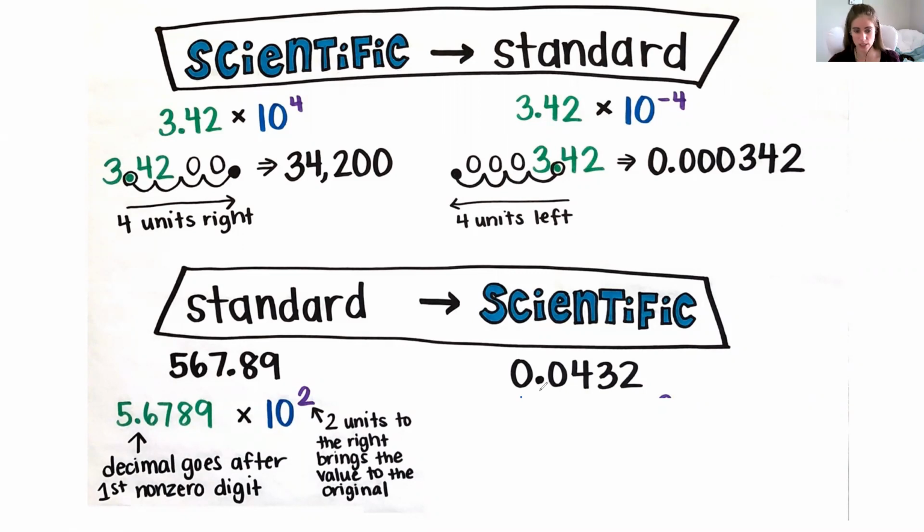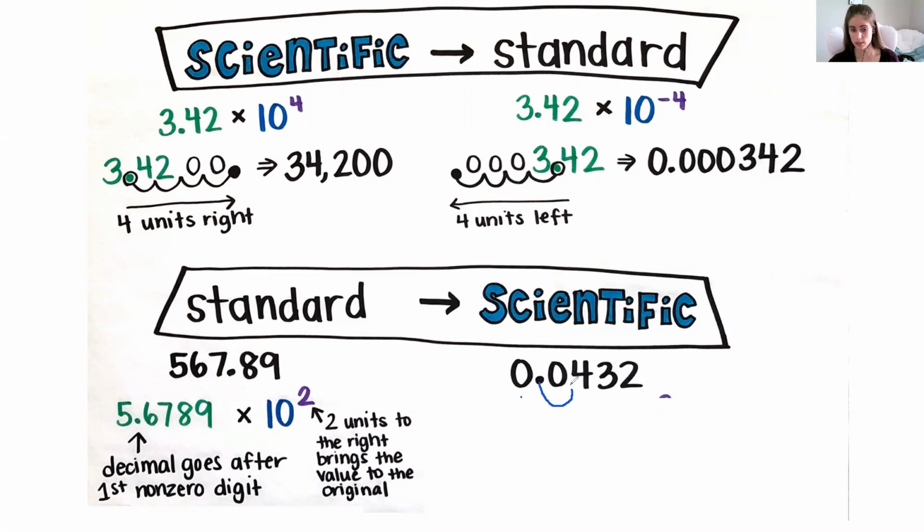If I move this decimal point this way, is that going to make my number fall between 1 and 10? No, it's just going to make it smaller. But if I move it this way, it will. Now I only want to move it as far as I have to for my number to fall between 1 and 10.